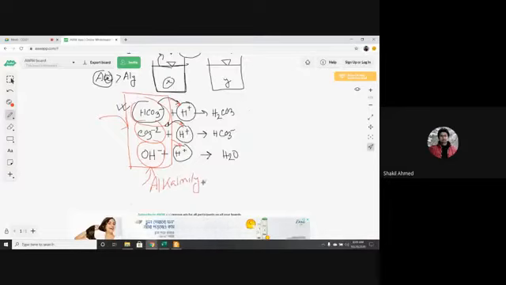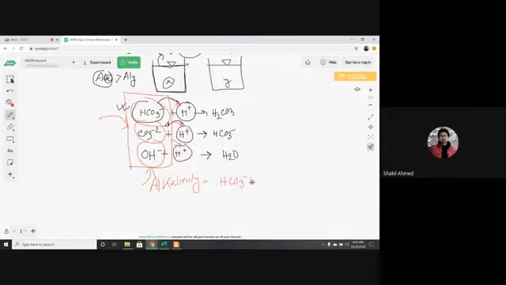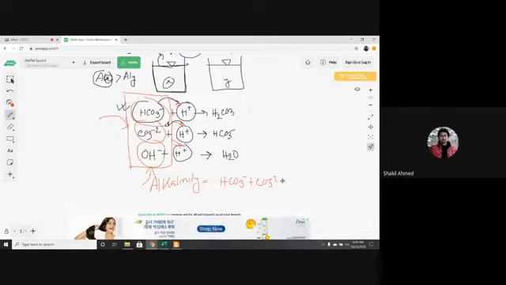So alkalinity is basically the summation of bicarbonate ion plus carbonate ion plus hydroxyl ion.